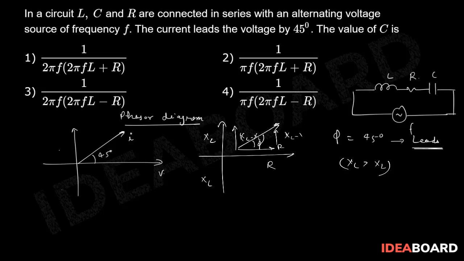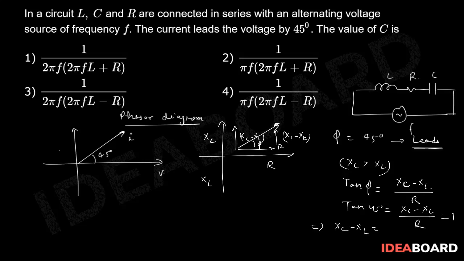From this diagram I can say that tan phi is equal to XC minus XL divided by R, and tan phi will be tan 45. Tan 45 is 1, so XC minus XL is equal to R, right?